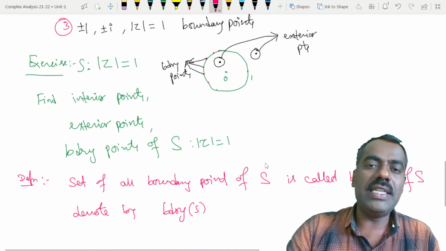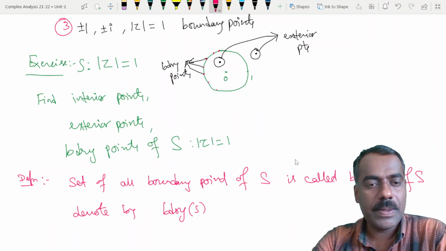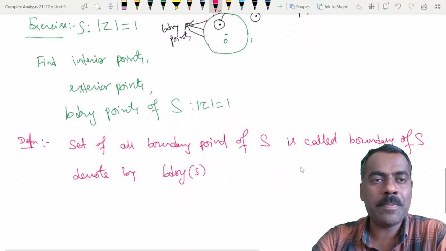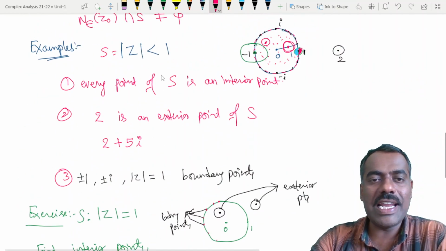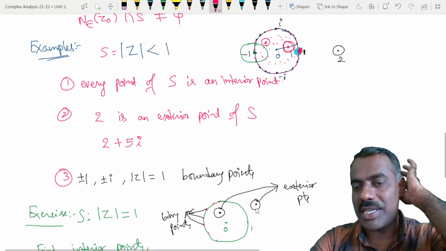It is itself. Everything is a boundary, right? If you take mod Z less than 1, then its boundary is mod Z is equal to 1.